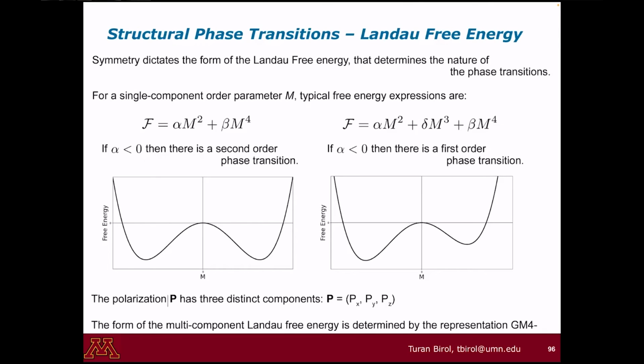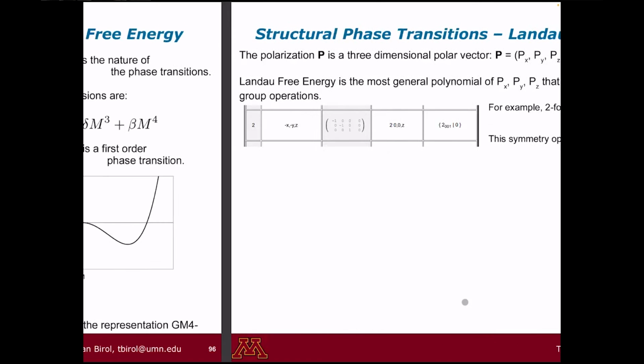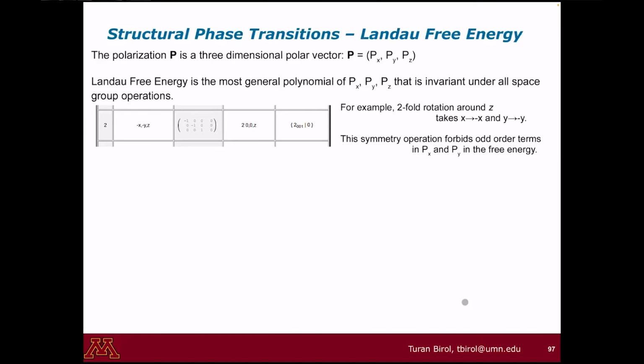Now, if you want to consider polarization, which is that gamma 4 minus, what the gamma 4 minus mode gives rise to has three components, right? So it can be along X, Y, Z, or some superposition of them. So it's a three-dimensional order parameter, which we now need to take into account carefully. One thing I should say about this polarization or gamma 4 minus is it is really just a vector. We learn about vectors at different levels and we develop different definitions.